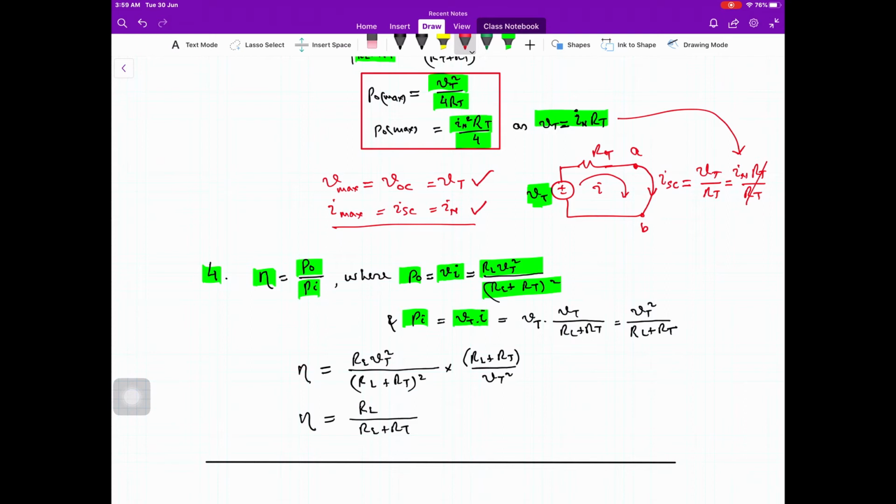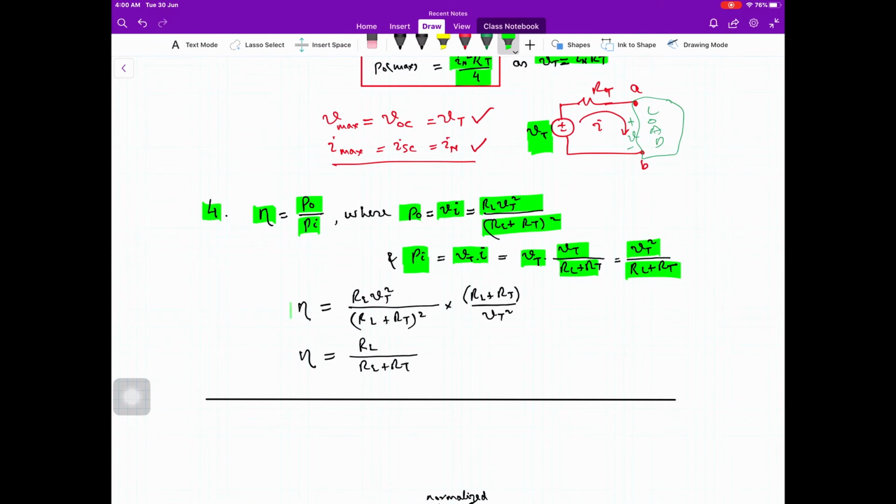The current is I, but not in this case. At present it is I short circuit. So if we have a load over here, then the current is I and this voltage is V. So I was saying that at the input side, the source side, the voltage multiplied by its current is the power delivered by the source circuit, VT multiplied by I, and it is VT square divided by RL plus RT.